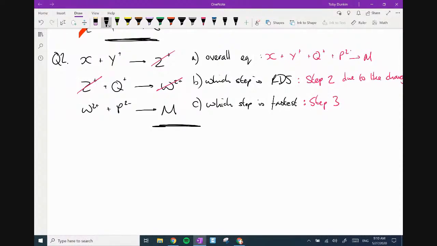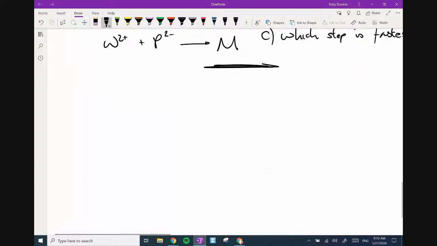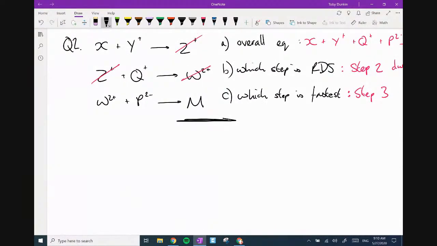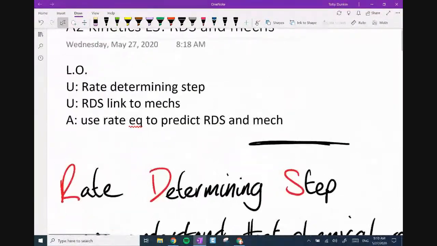Okay, next. Now that we can identify RDS, we have to go to a slightly more complicated one. I'm tempted to add this to my learning objectives. Link to mechanisms, understand rate determining step. We know what it is. We know it's the slowest step in any reaction, and we can spot it using charges.